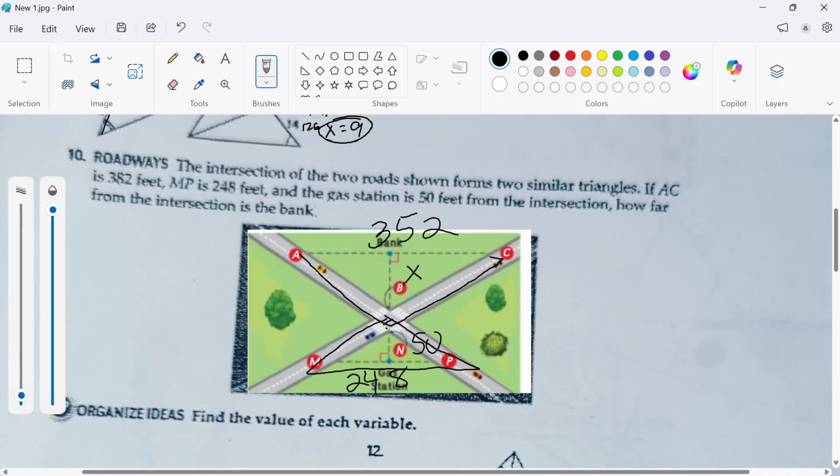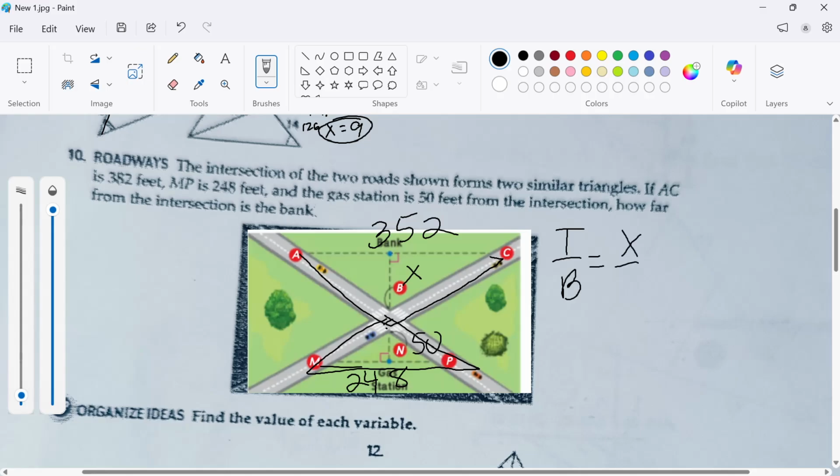Well, the ratio of the sides is going to be the same as the ratio of those two. What are those two things called? The altitudes. Those are altitudes. They're the height of those triangles because those are right triangles. So the ratio between the altitudes is going to be the same as the ratio between those sides. So I'm going to do top to bottom equals.